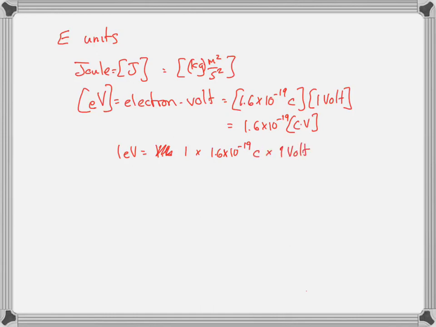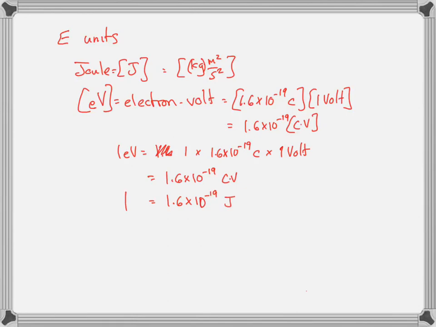So that's sort of a physics equation. And like I just wrote above, I'm just rewriting it: 1.6 times 10 to the minus 19 coulombs times volts. And what's a coulomb times a volt? A coulomb times a volt is a joule, right? Those are both MKS units of charge and voltage, and charge times voltage is energy. So that's a joule. So it's 1.6 times 10 to the minus 19 joules.